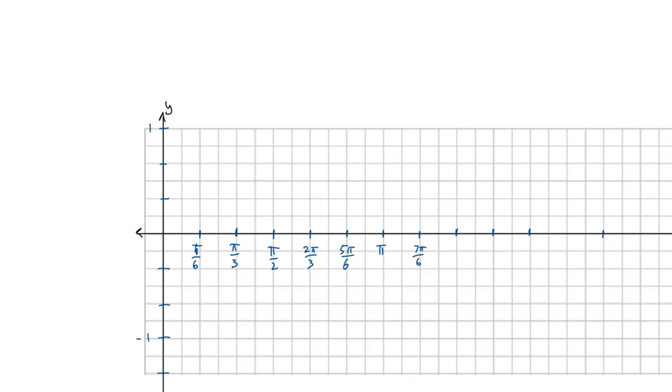It was 14, 15, 16 pi by 12. There's your 4 pi by 3. Pi by 12, which is 3 pi by 2. And I can stop there.